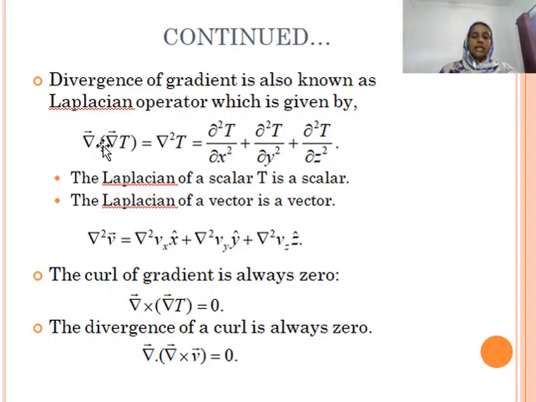There is del dot del, which is called del square T: dou square T by dou x square plus dou square T by dou y square plus dou square T by dou z square.